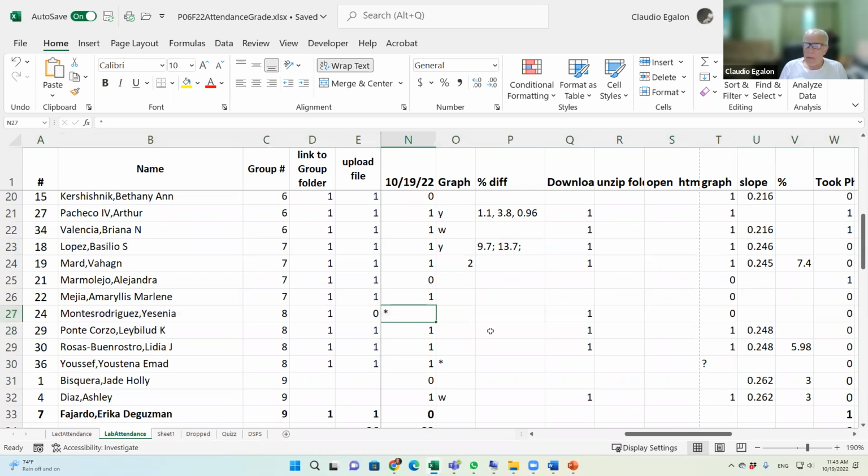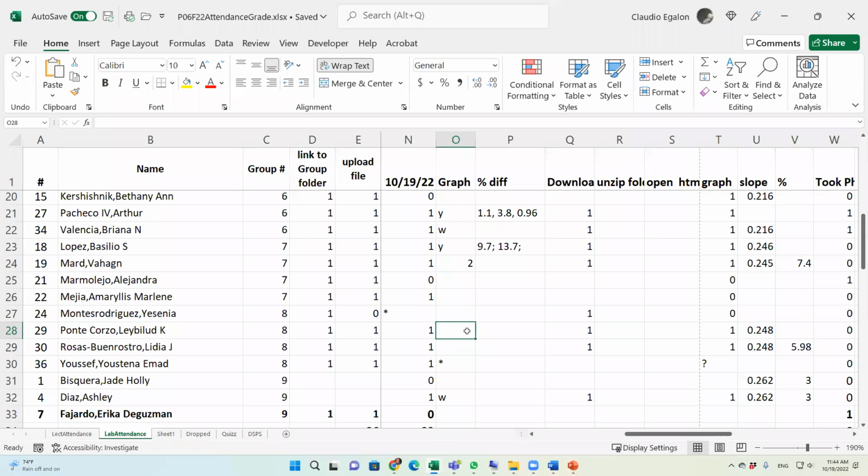Yesenia, are you there? I don't see Yesenia here. Okay, Labelus, did you manage to plot the two graphs? Yes, I was able to. Yes, I'm here. I got for the percent difference for the first one 12.1.